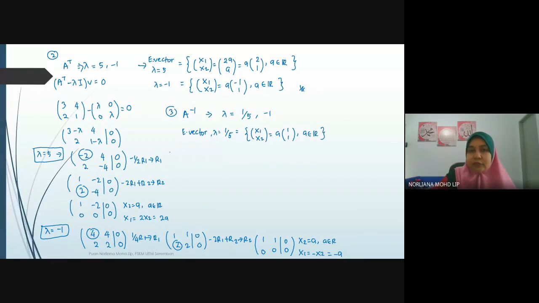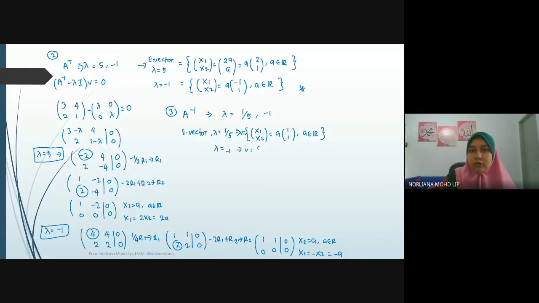And eigenvector for lambda equal to negative 1: V equal to the eigenvector for lambda equal to negative 1.